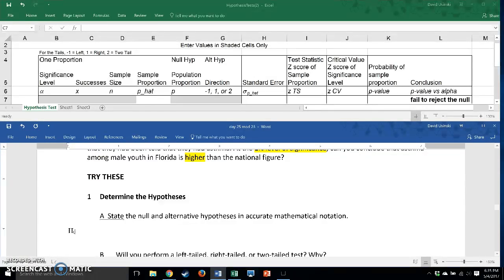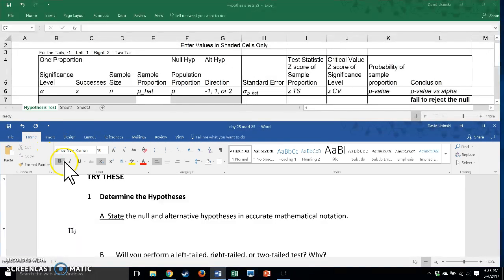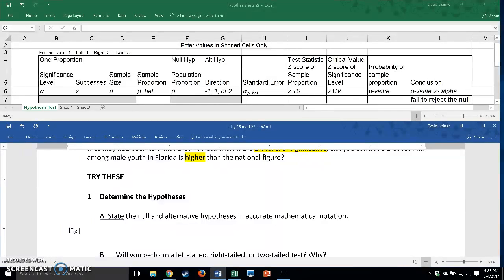So we're going to do H sub 0, and we're going to call this p equals 0.17. That should be our 17%. Remember, this means 17% of boys in 2008 have asthma.